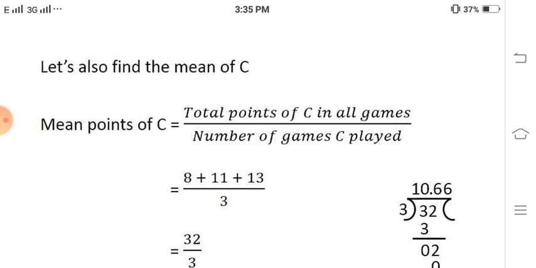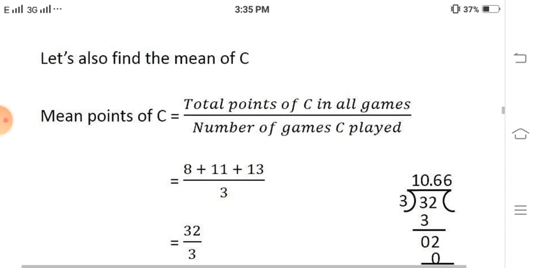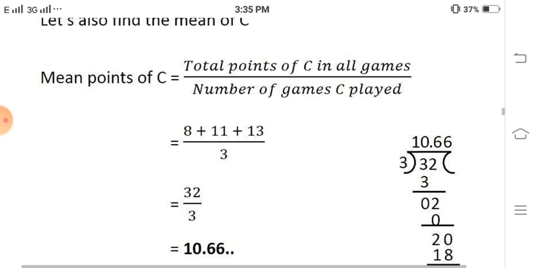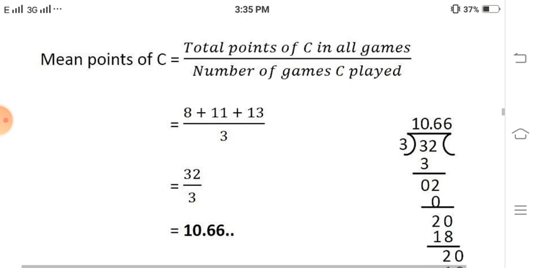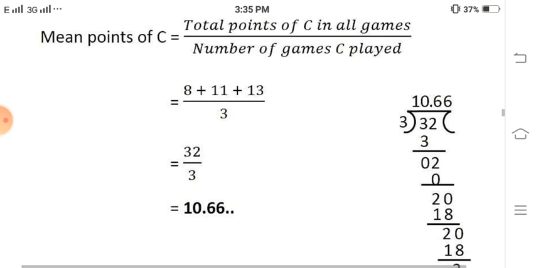So it is 8 plus 11 plus 13 upon 3, which is further equal to 32 upon 3, which is 10.66. Therefore, the mean of player C is 10.66.